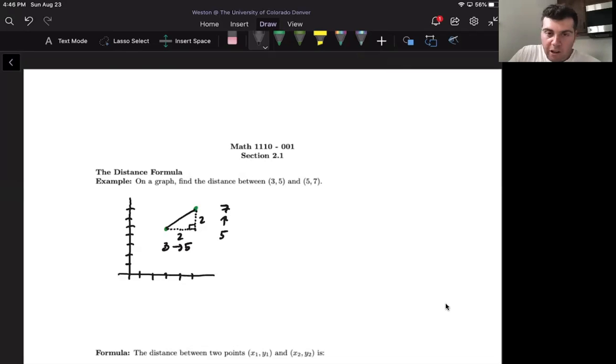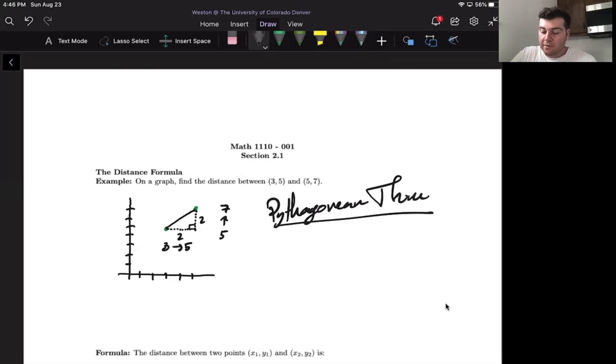And then we recall our favorite theorem, the Pythagorean Theorem. And that will actually tell us the exact distance from our first point to our second point.